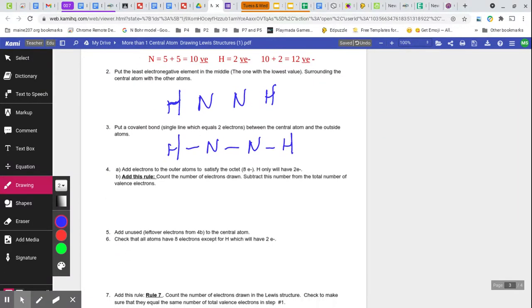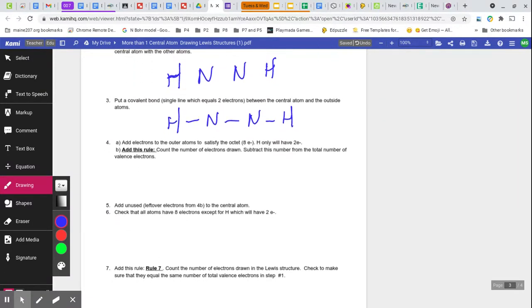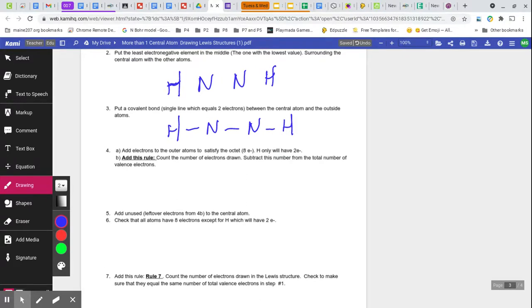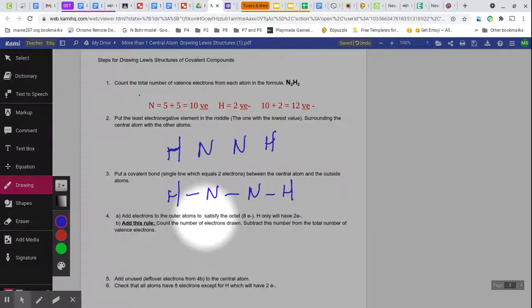And then add electrons to satisfy the octet. H only has 2, so H is good. We're going to count the number of electrons drawn and subtract again. So we had 12 to start, and I drew 2, 4, 6. Did I count this right? Yep, I did. So I drew 6.